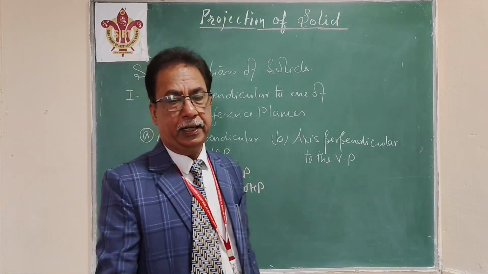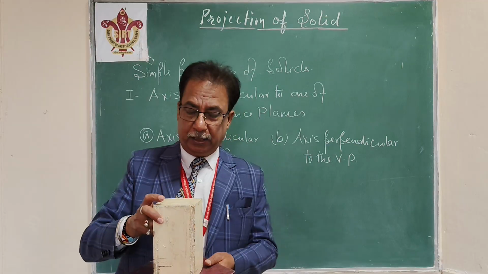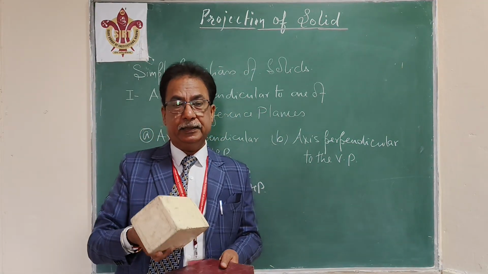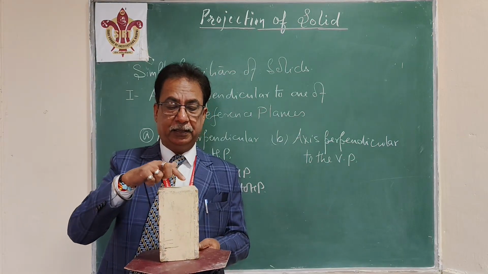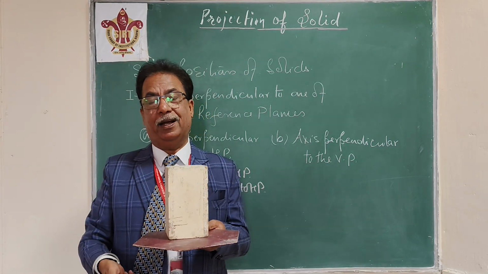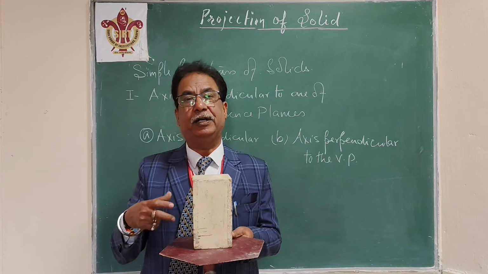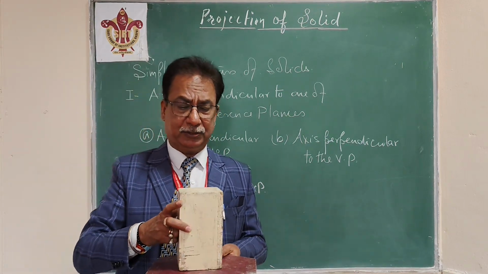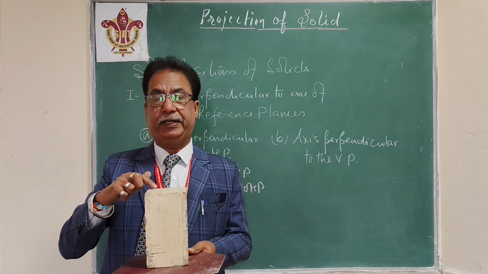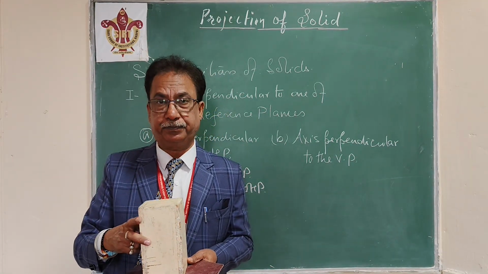Now, as you know, the base of a solid is a plane. If you remember, look at this figure, this square plane will be parallel to HP. Whenever a plane is parallel to HP, we start with the top view, the view in which we can see the true shape of that plane.